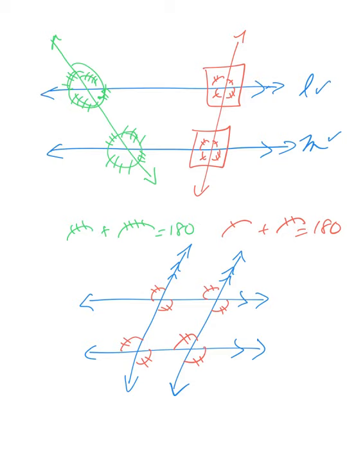And all of the little tick marks are equal to each other, because both sets of lines are parallel. So the lines hit the parallel lines at the same angle. So on this one, 1 tick mark plus a 2 tick mark equals 180.